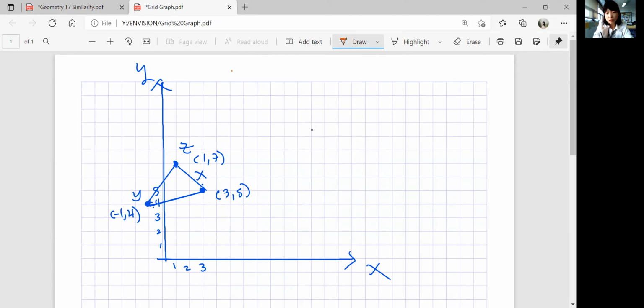Part A is a dilation by the scale factor of 2 of translation (1, -2). Right, so first from here, you go 1 unit to the right, 2 units down. So that's your X', Y', Z'.